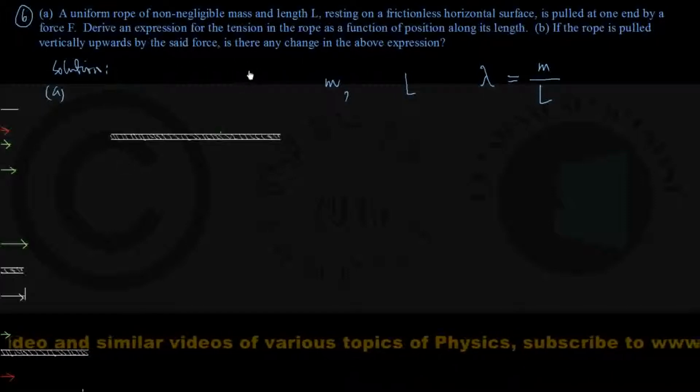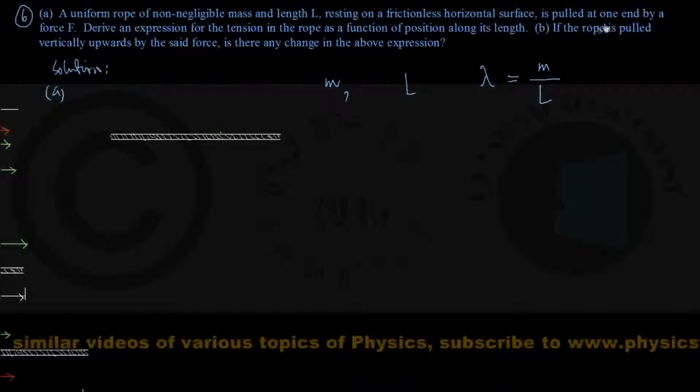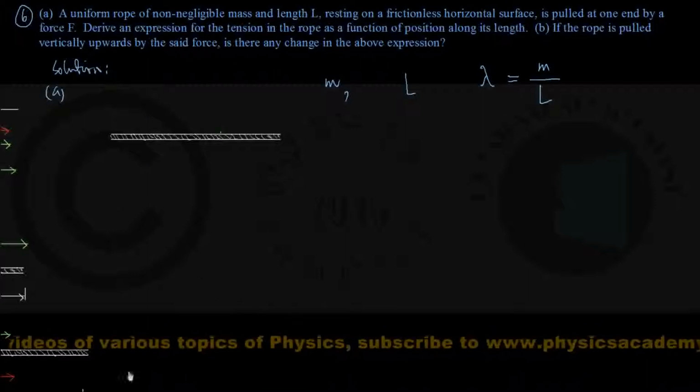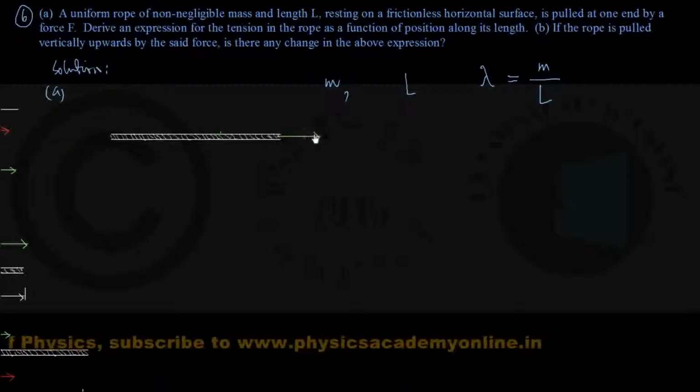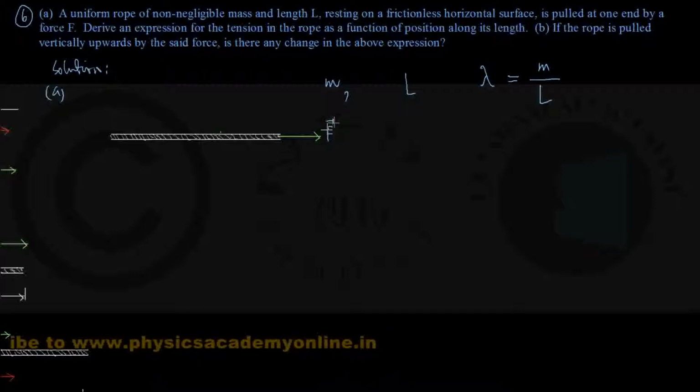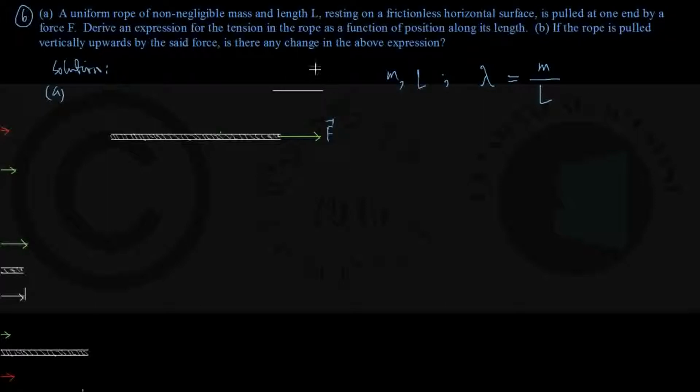The question says that the rope is pulled at one end by a force F. So they are telling us a force of F is applied at one end of this rope by an agent here. Let us consider the direction to the right as my positive x direction.